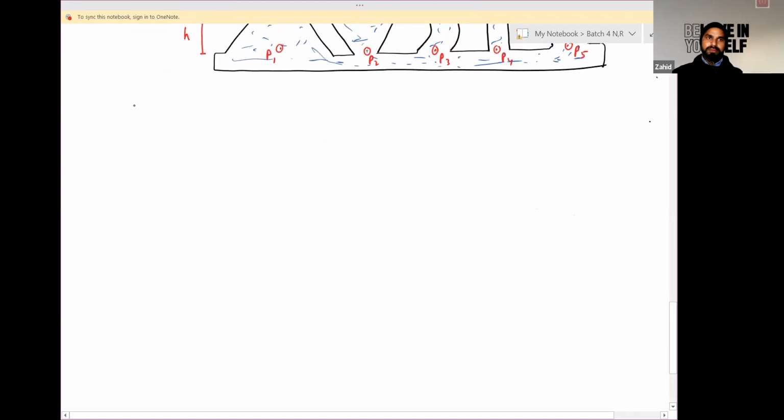There is one more term in this, which is called atmospheric pressure. You must have learned about this in your earlier classes. The pressure exerted by atmosphere or air on all objects living on the surface of Earth is called atmospheric pressure.